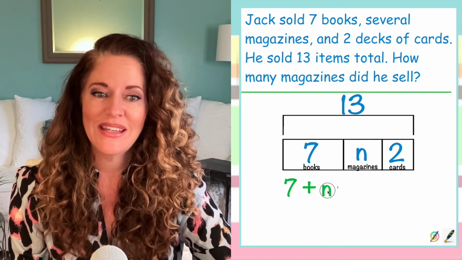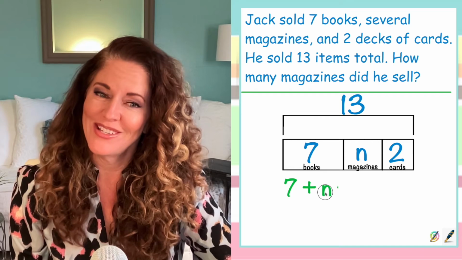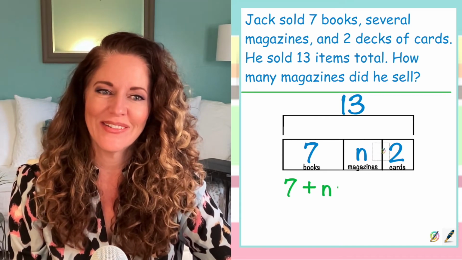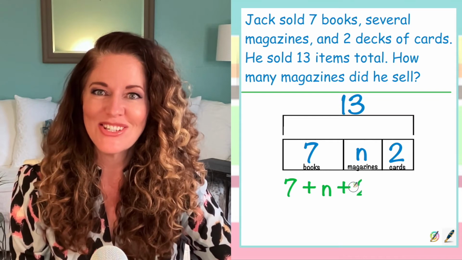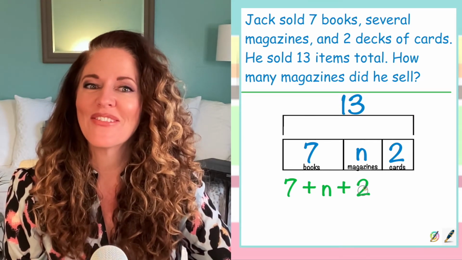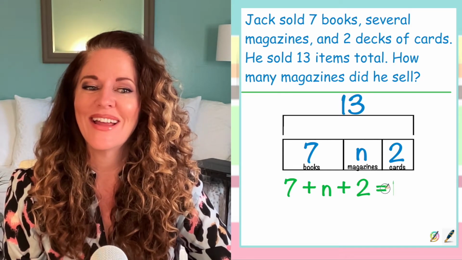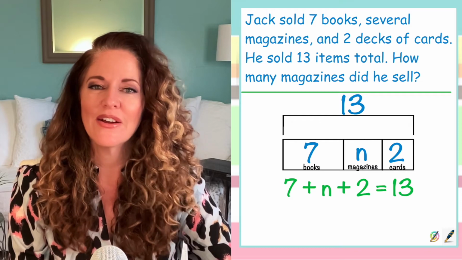Plus N magazines, plus 2 decks of cards. Well, there's that line, so I know I need a plus sign, 2 decks of cards. And it gave him a total of 13 items, so we're going to write equals 13 items. There's our equation, right?